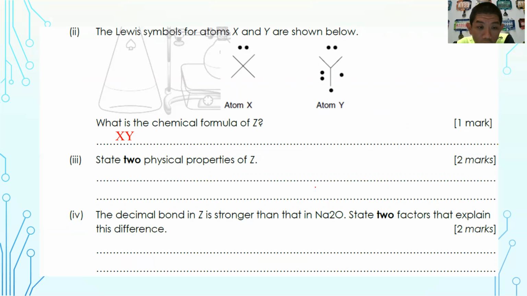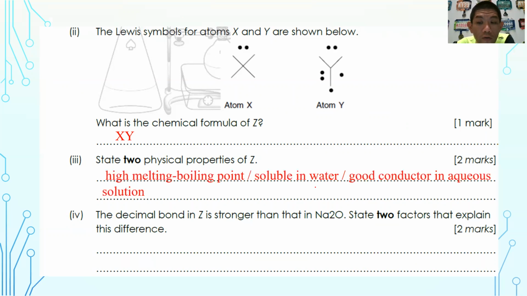Number 2, state two physical properties of Z. Because it is an ionic compound, it is definitely hard, strong, has a high melting point and boiling point, is soluble in water, and is a good conductor in aqueous solution. You cannot just stop at saying good conductor, because an ionic compound can only conduct electricity in 2 states: in aqueous solution, when you dissolve it in water, and in molten form.